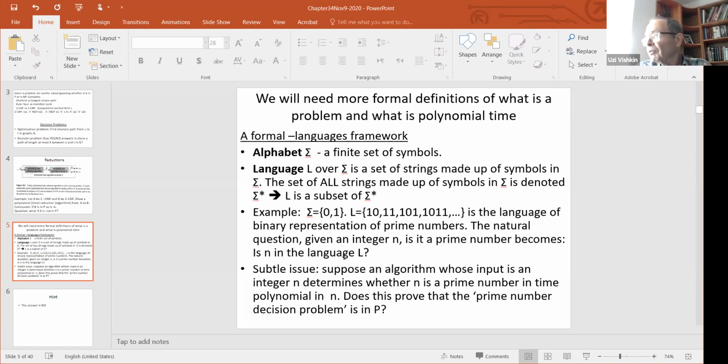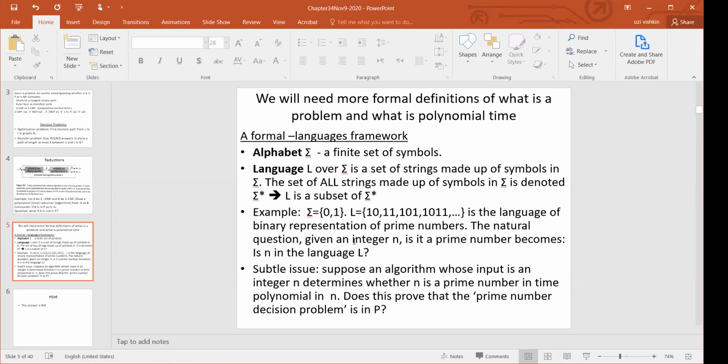So you see, I'm giving you a string over the alphabet of the language, and I ask you, is this particular string a member of your language? Is it clear how I switched from the familiar question, here's a number n, is it prime, to whether it's in the language of prime numbers?